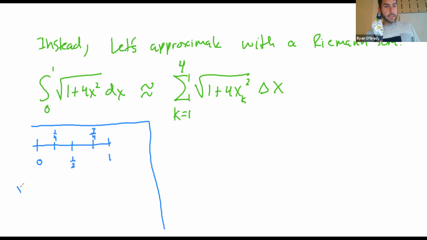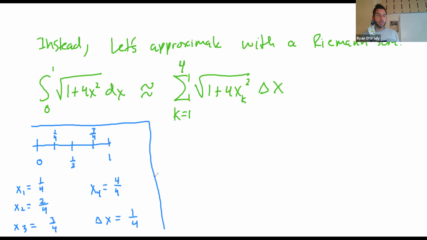So my x sub 1 is 1/4. My x sub 2 is 1/2 or 2/4. My x sub 3 is 3/4. And my x sub 4 is 4/4 or 1. And don't forget your delta x is 1/4.